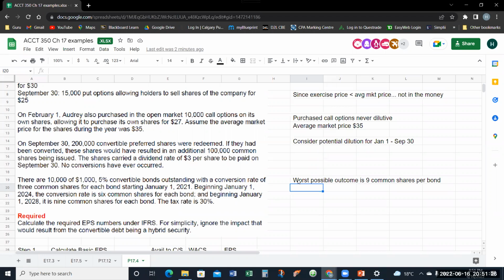How many more common shares would there be, and what would their impact have been on the current year's EPS? So Mr. Potential Investor, make up your mind not just by looking at the basic earnings per share number, but by looking at the diluted EPS number, because that's telling you where the future might be, or what our future might be.